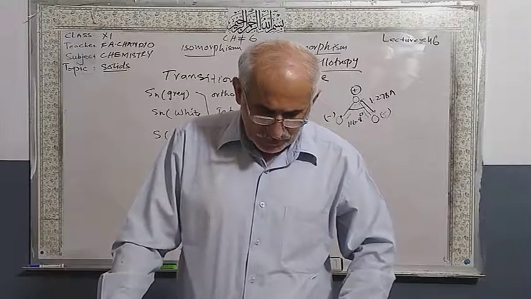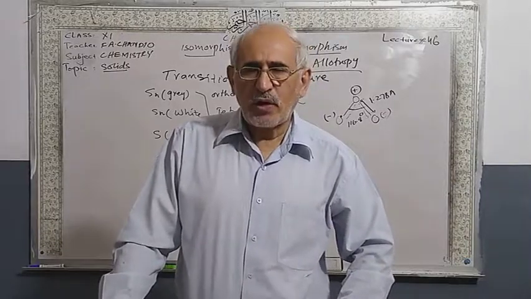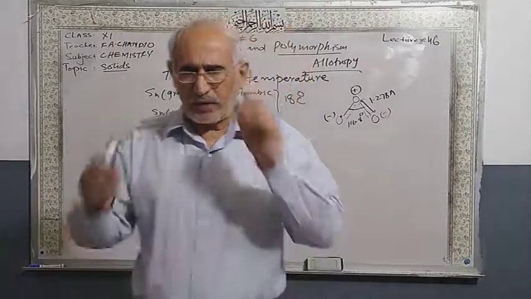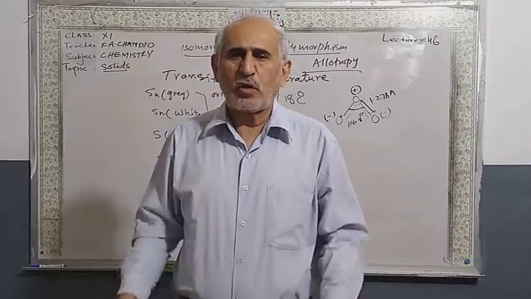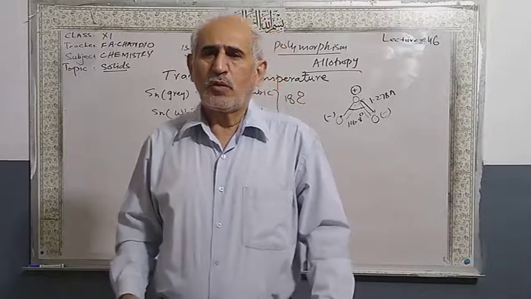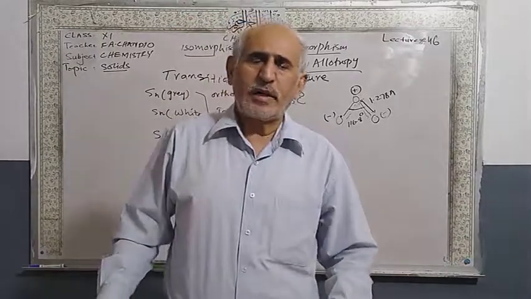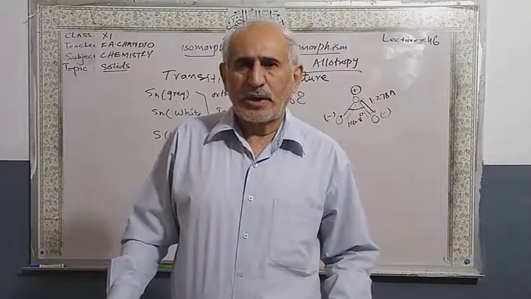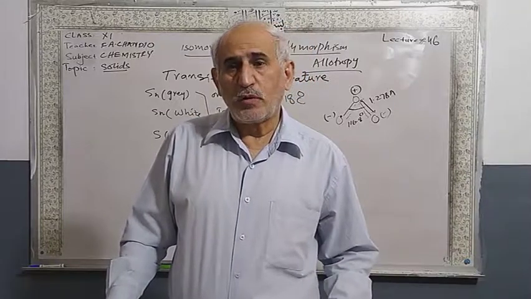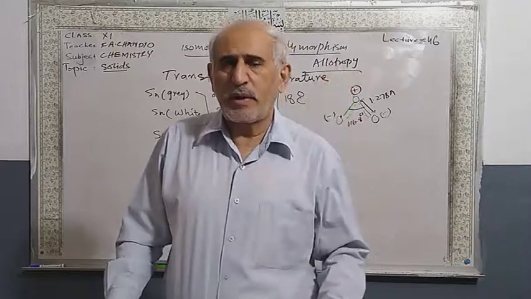Plastic sulfur is supercooled sulfur. When you heat normal sulfur in a test tube at very high temperature, it changes into liquid form. If you heat more, it becomes red, then with more heating it turns blackish and volatile, and fumes are coming out.